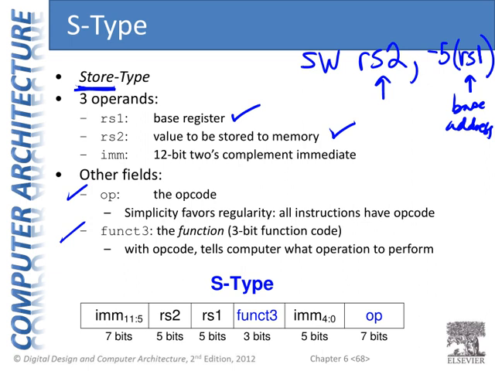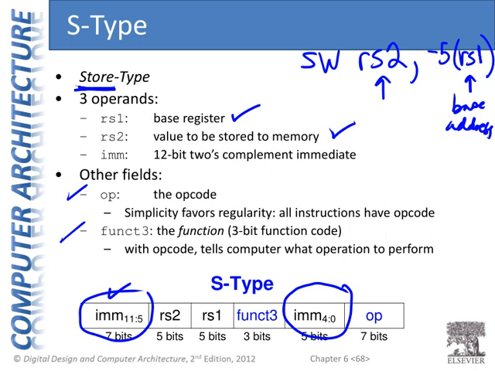So the S-type instruction is a little bit strange in that the immediate here is split across two fields. It still is a 12-bit immediate, but it's split so that bits 11 to 5 are up in the top 7 bits, and then the lower 5 bits are later in the instruction.